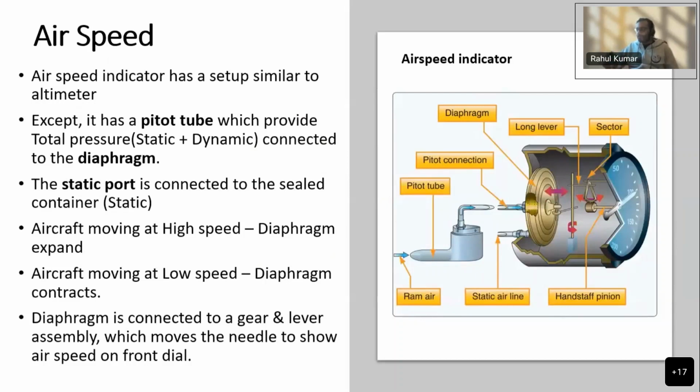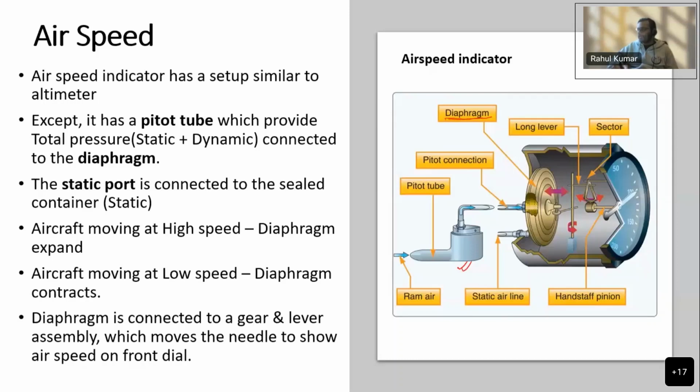Now let's go into the working of the airspeed indicator. The airspeed indicator has a similar setup as the barometric altimeter, which we have just now discussed. However, in the airspeed indicator, the pitot tube is connected to this diaphragm, right?